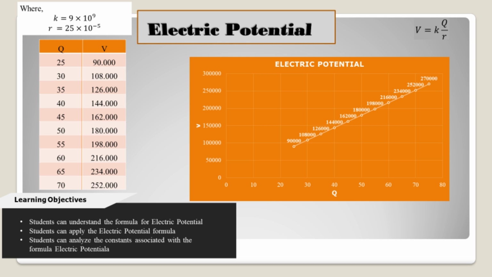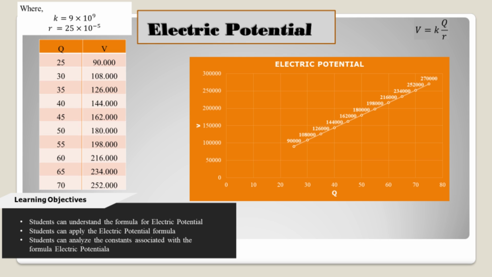If we have K is equal to 9 times 10 to the power of 9 and R is equal to 25 times 10 to the power of minus 5. If we make it into a range table and we have Q equal to 25, putting it into the formula, we get V, or electric potential, equal to 90,000.